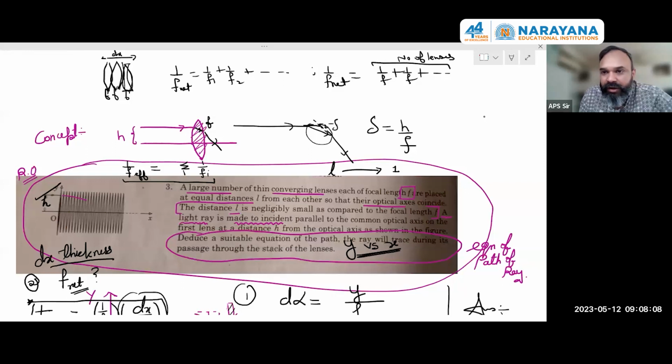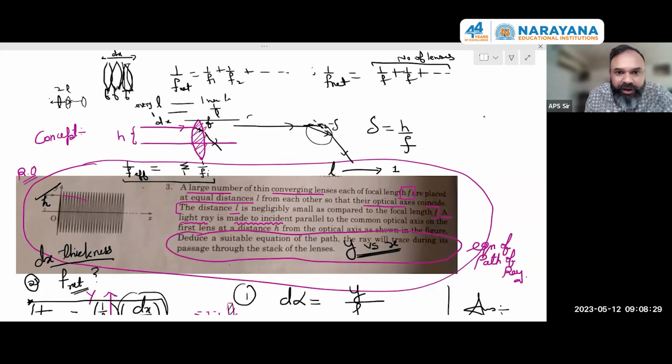So how I calculated the number of lenses: for every L distance, you get a new lens. So if you move 2L, you get 2 new lenses from this point. So for every L that you move, you get 1 new lens. So by the unitary method, if you move 1, you will get 1 upon L lenses. And if you move dx, you will get dx upon L lenses. So dx upon L is the number of lenses, right?